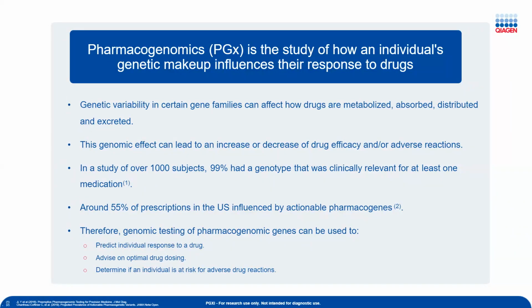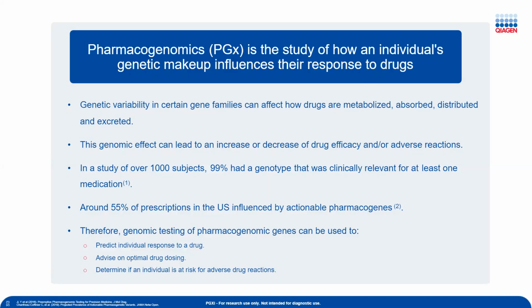Pharmacogenomics is the study of how an individual's genetic makeup influences their response to drugs. The genetic variability in certain gene families can affect how drugs are metabolized, absorbed, distributed, and excreted. And this genomic effect can lead to an increase or decrease of drug efficacy and/or adverse reactions. In fact, in a study of over 1,000 subjects, 99% had a genotype that was clinically relevant for at least one medication.